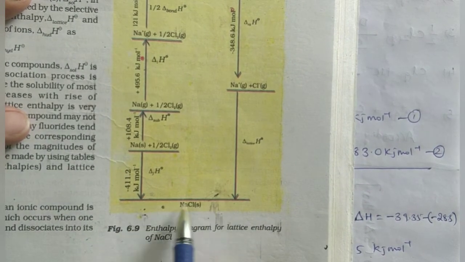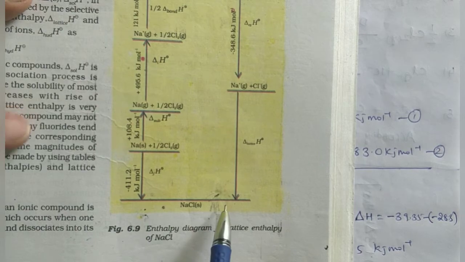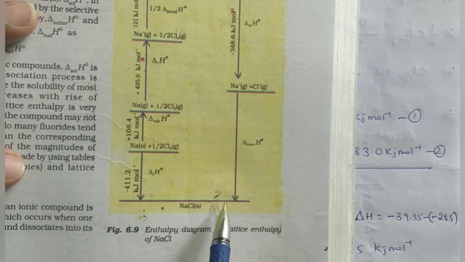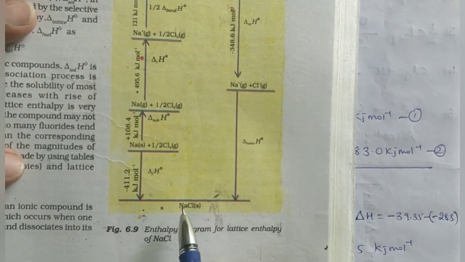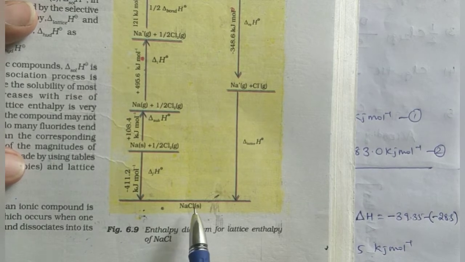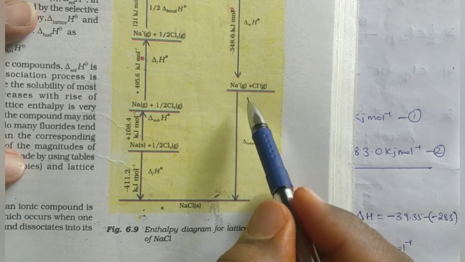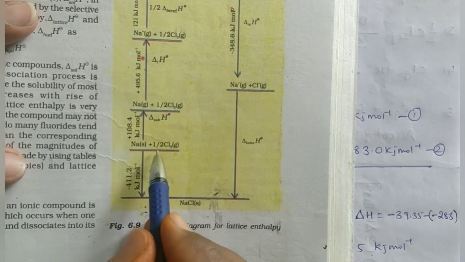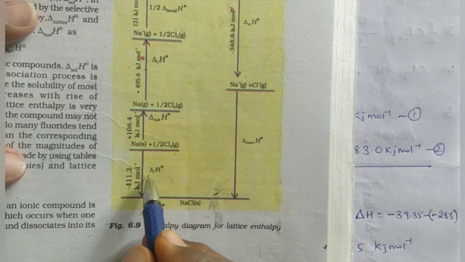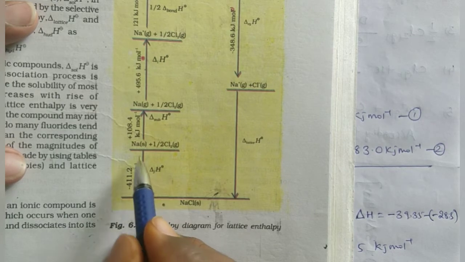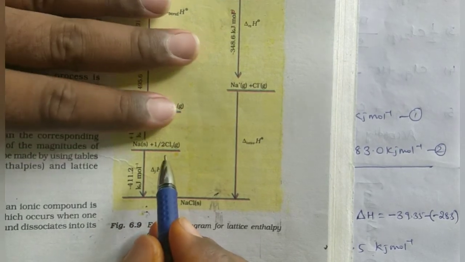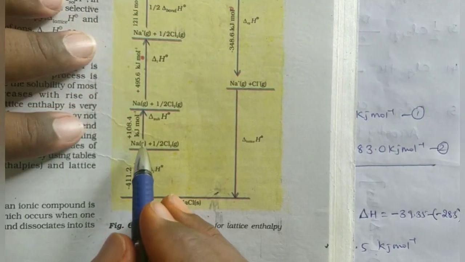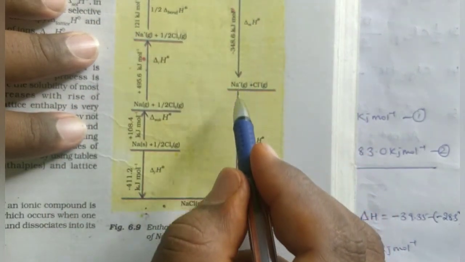NaCl has lower energy. So finally, this NaCl can be formed by combination of Na plus and Cl minus like this, or from Na solid plus half Cl2 gas also. This is called delta H formation. Na solid plus half Cl2, we started from here. Like this we went and we came like this.